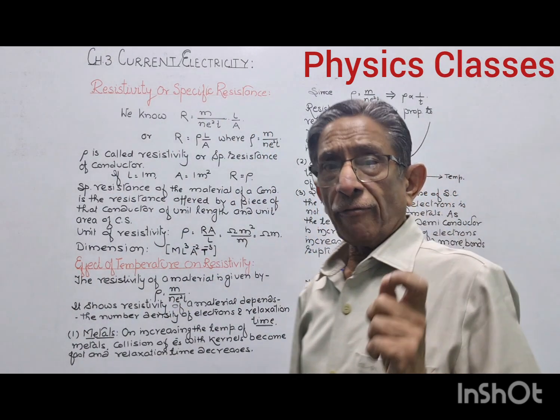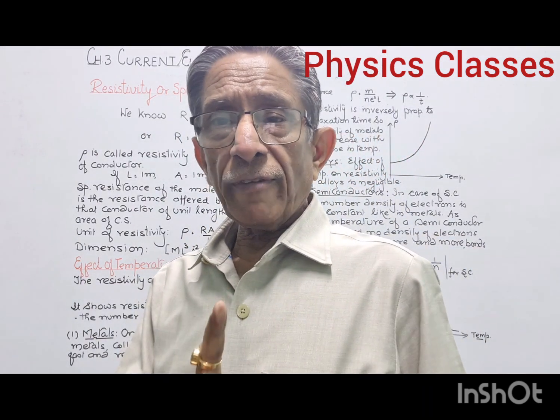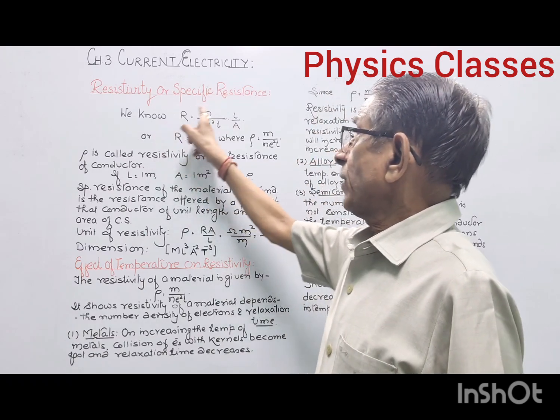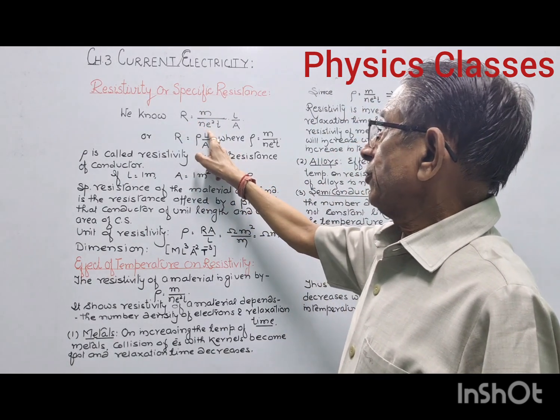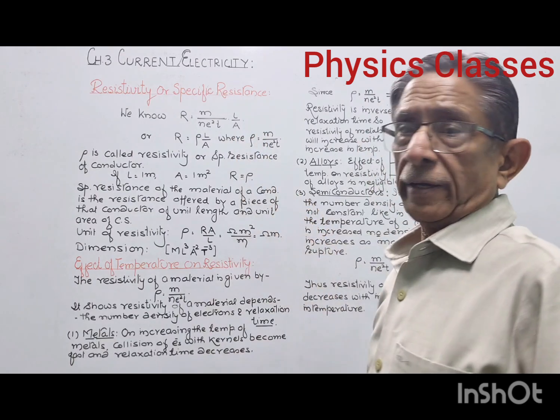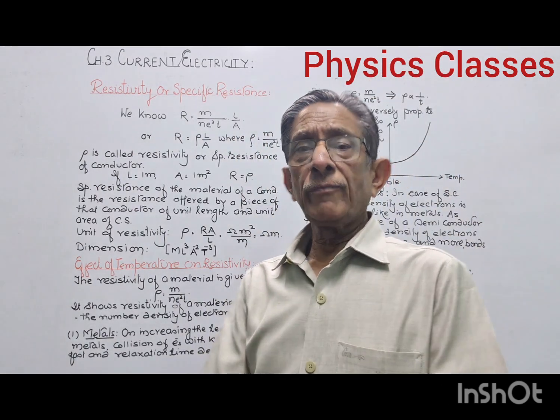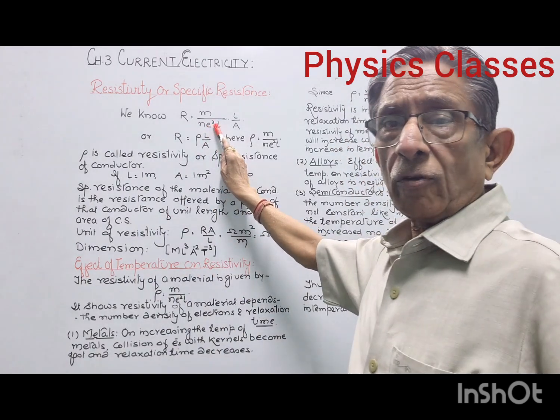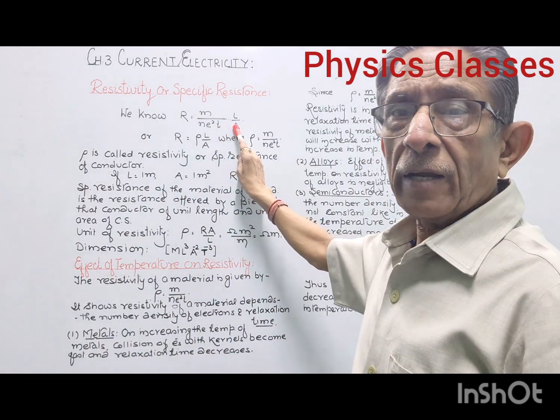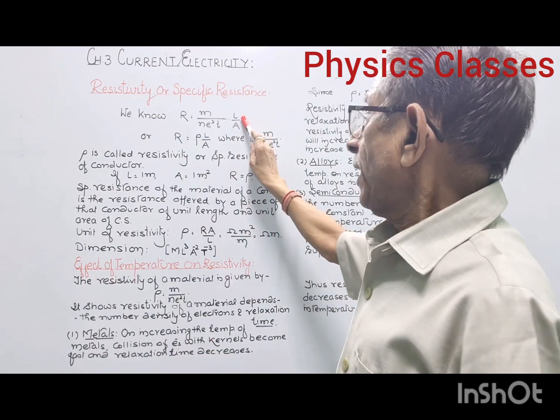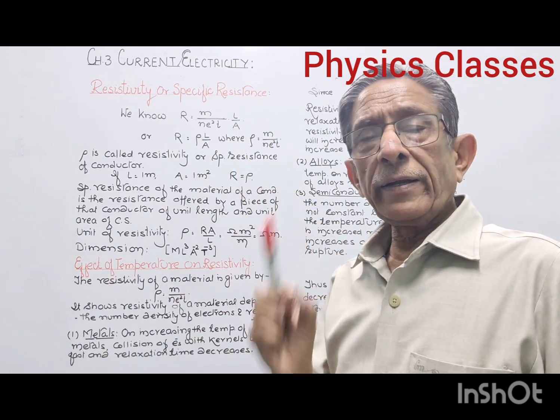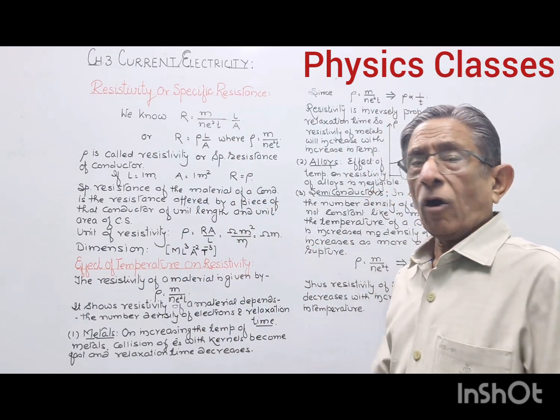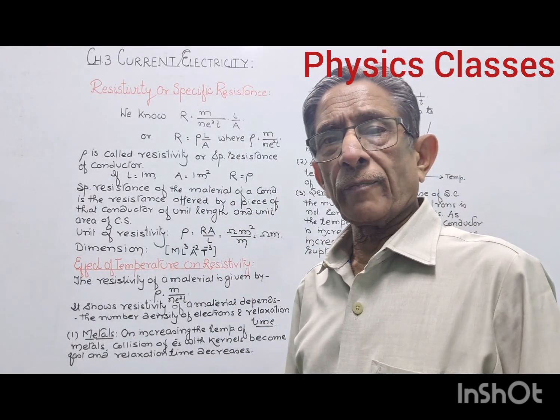During the deduction of Ohm's law, in terms of electron theory, we have proved that R is equal to m upon n e square tau into L upon A. m is the mass of electrons; n, number of electrons per unit volume; e, charge of the electron; tau, its relaxation time; L, length of the conductor; and A is area of cross section. Already we have studied this formula.